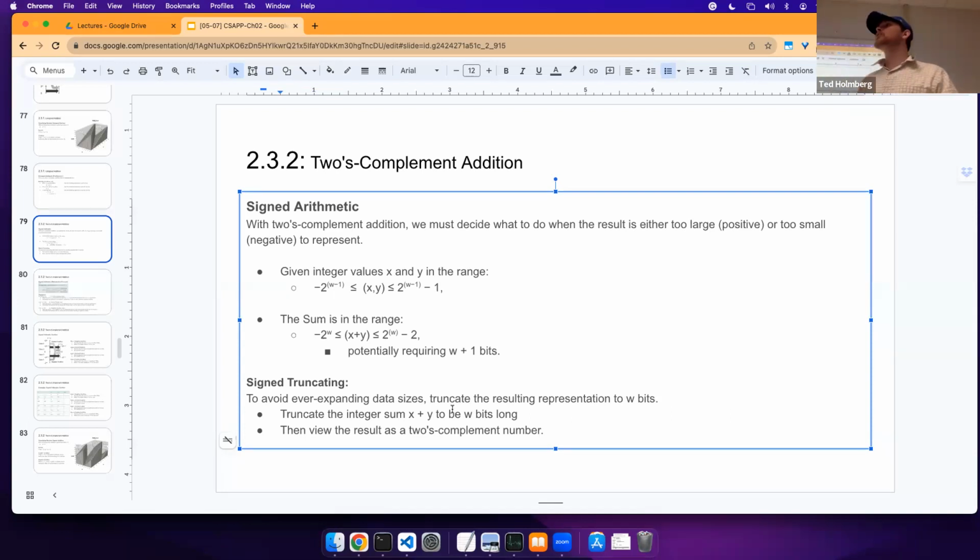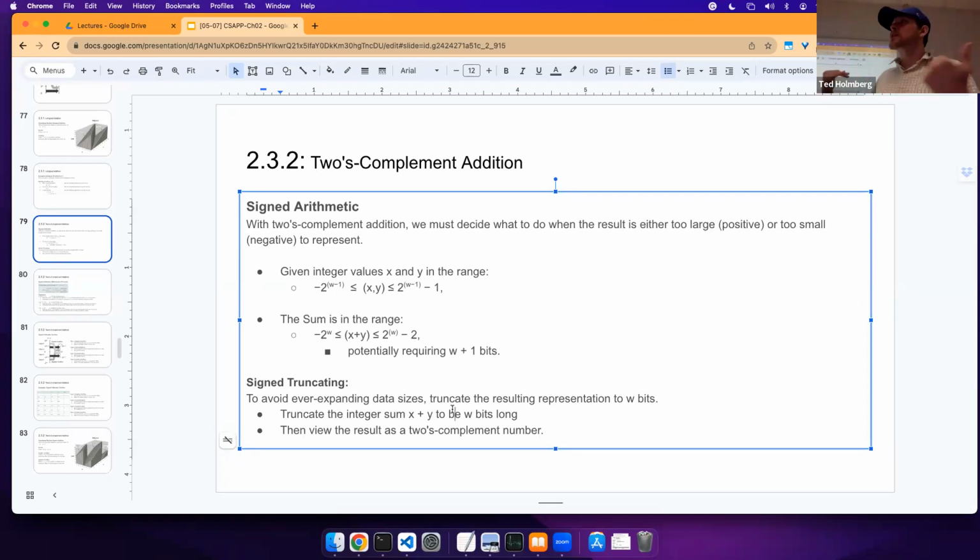We're going to have to find a way to get the result expressed in the same word size as our original input values. So we'll take a similar approach: we'll truncate the most significant bits and only look at the least significant bits, because that starts producing a value that's akin to a modulo value.